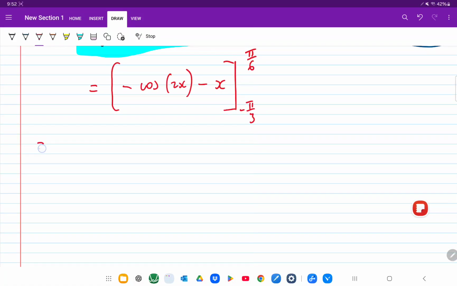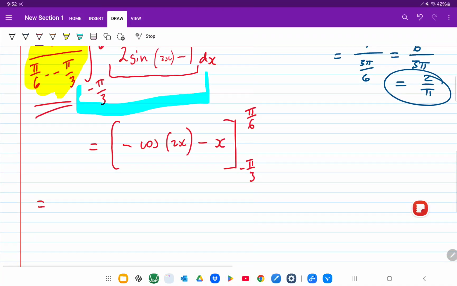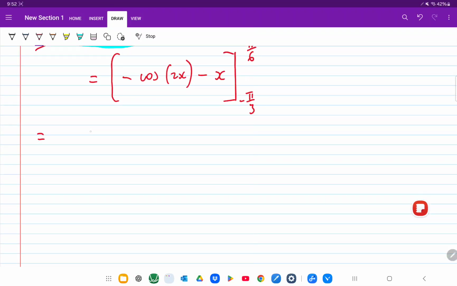Let's not forget about this bit, we're going to include that later on. This is going to be negative cos 2 times pi on 6 plus cos 2 times negative pi on 3.